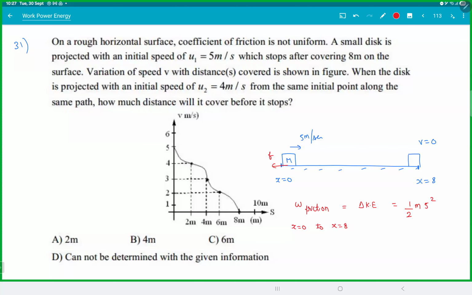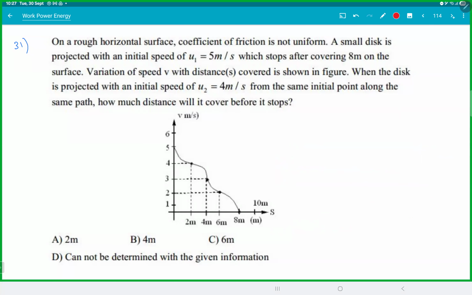Now he's saying instead of throwing with 5, if I throw with 4, then what happens? Let's try to understand. Half m 4 square can be written as half m 5 square minus half m 3 square, isn't it?